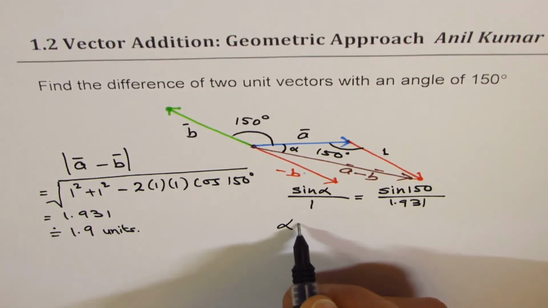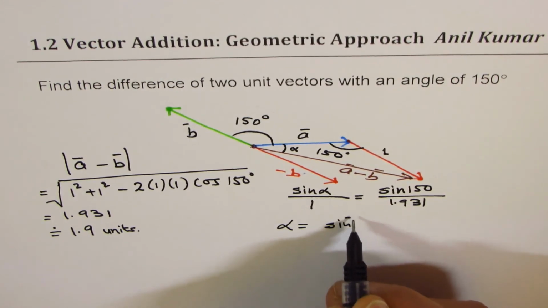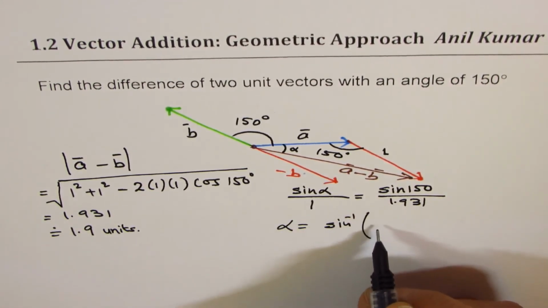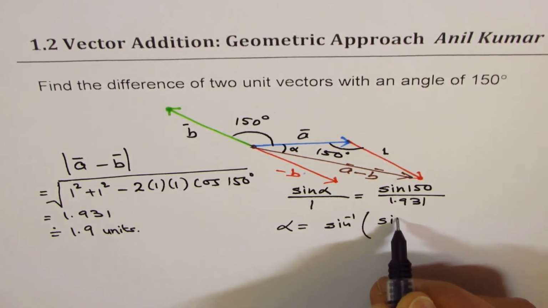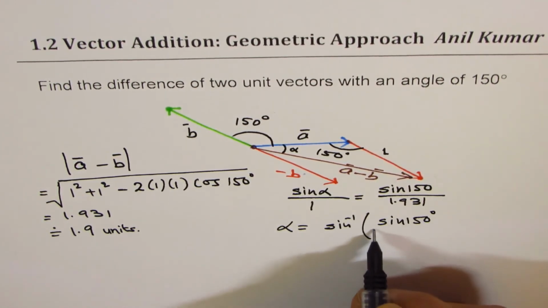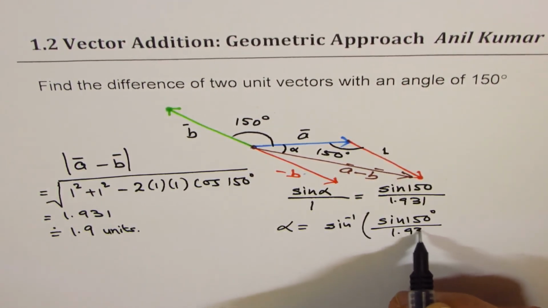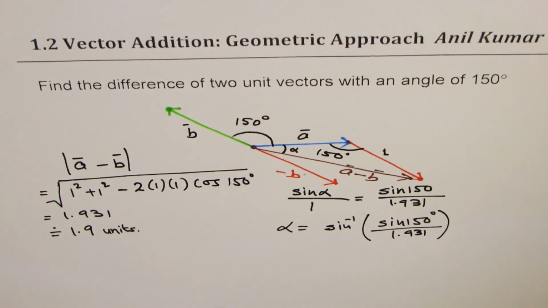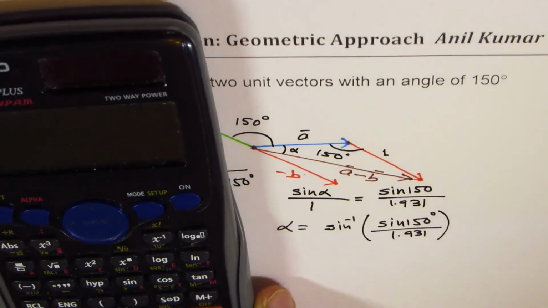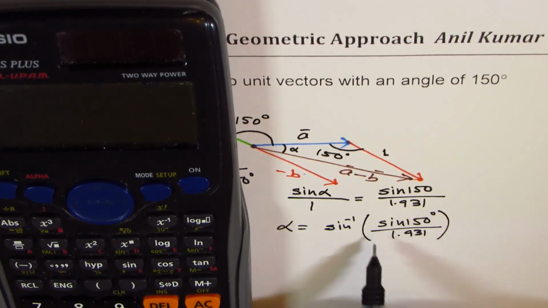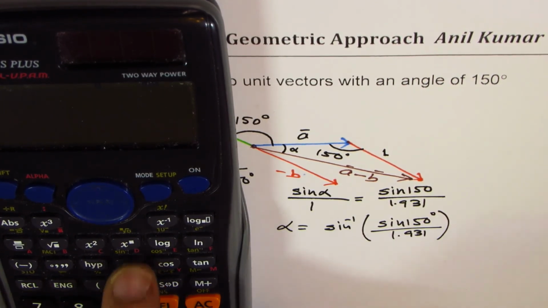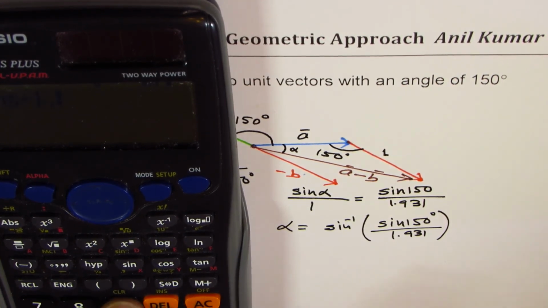So we can say alpha is equal to sine inverse of sine 150 degrees divided by 1.931. So let's find the inside term first, which is sine 150 divided by 1.931, and then we'll do sine inverse of this.